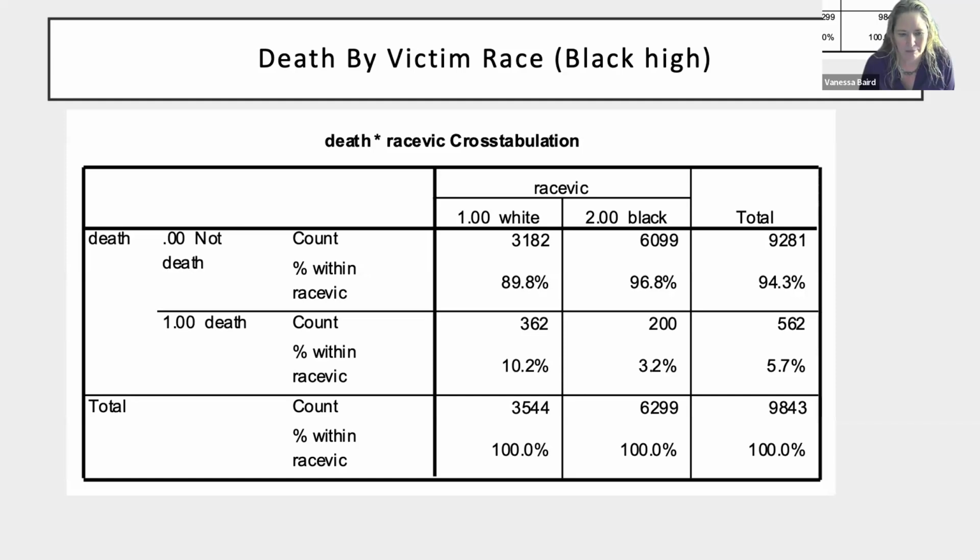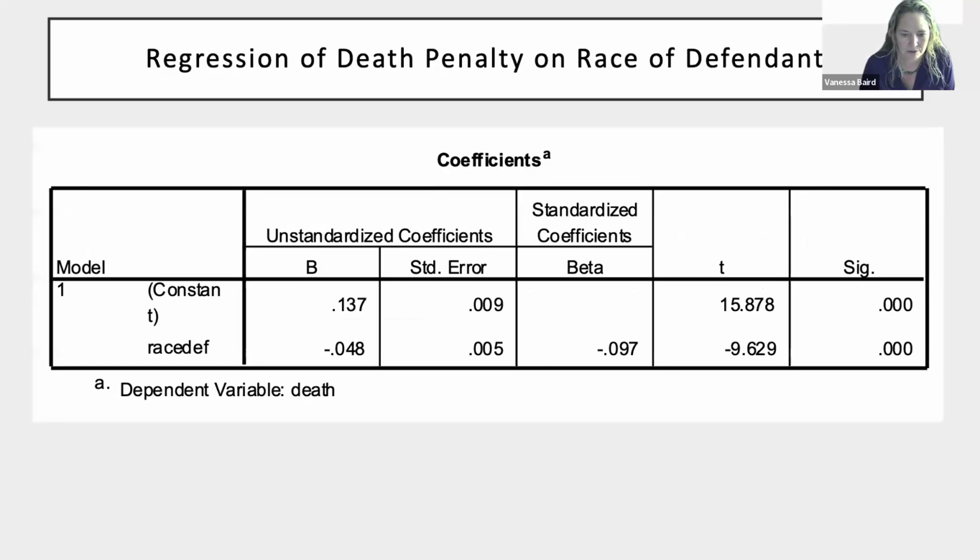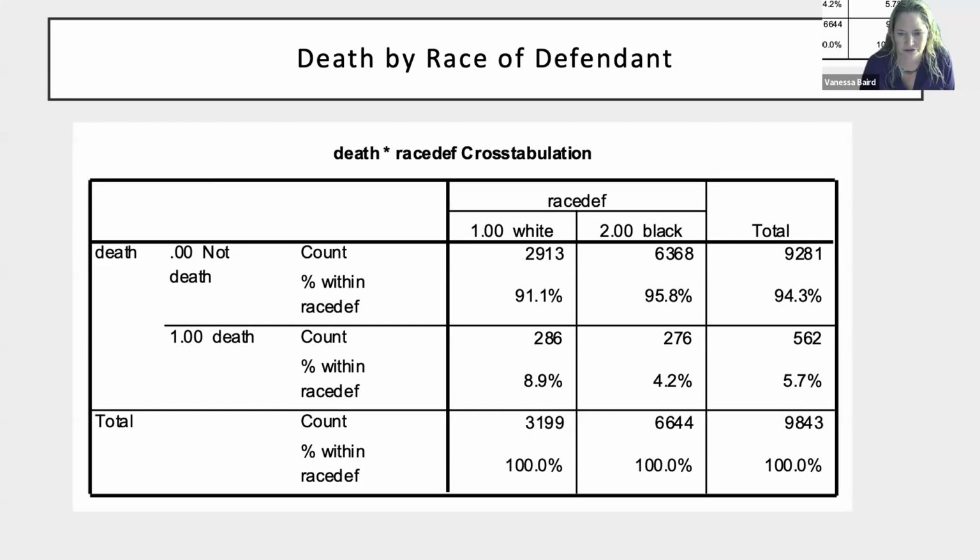So we got Black capital crime defendants are in the 6,000, whites are less, because of racism. But then of those 6,000, the probability of getting death is lower than white. These are just the straightforward percentages. So of these people, they're more likely to get the death penalty. And of these, they're less likely.